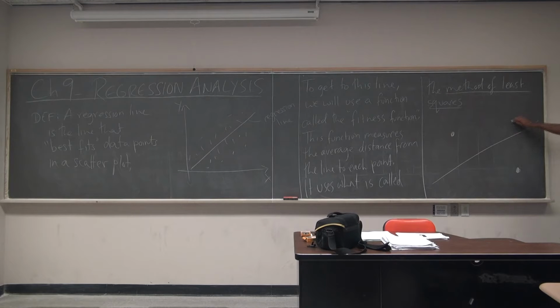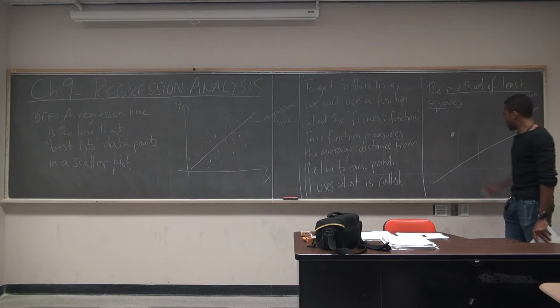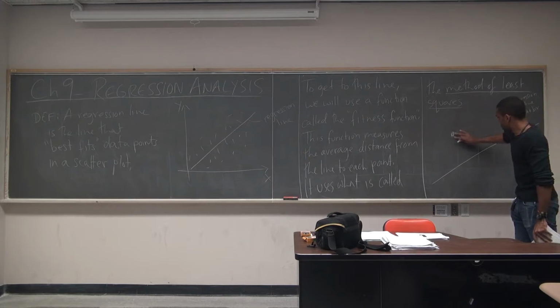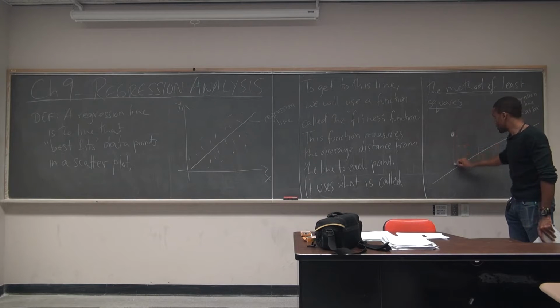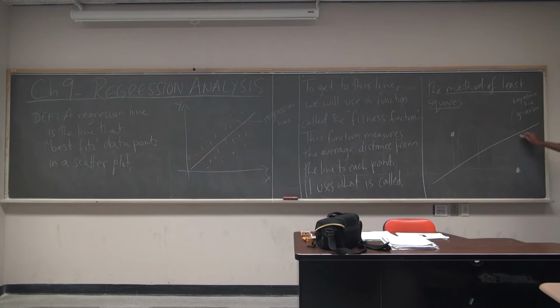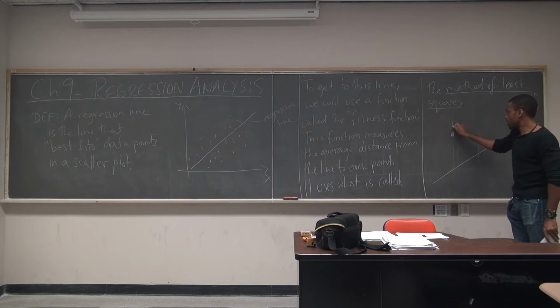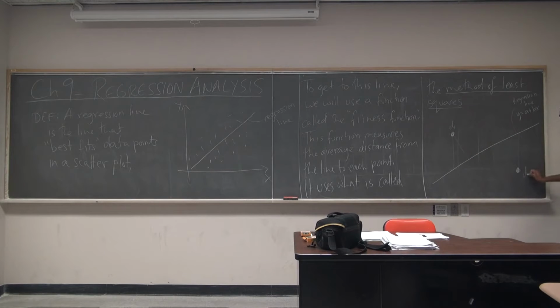So suppose that this guy here is our regression line, and it has the equation y is equal to a plus bx. Use the notation I used. Right. So now, if we measure the vertical distance between each point and this line, here's one point called D1, D2.